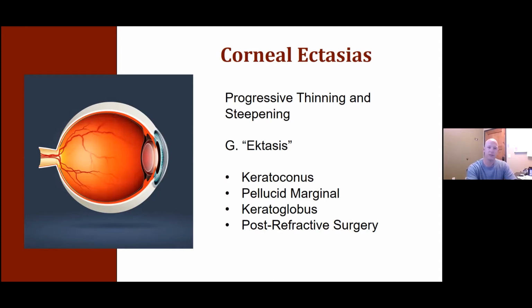And then we can sometimes see these corneal ectasias in patients who've undergone refractive surgeries, such as RK, radial keratotomy, PRK, and LASIK, potentially if they had too much surgery for what their corneas could handle. Thankfully, we don't see this often because most of the refractive surgery offices in the area, especially the ones that we send our patients to, do a very good job of screening patients to make sure they don't have any underlying corneal conditions that could cause this.